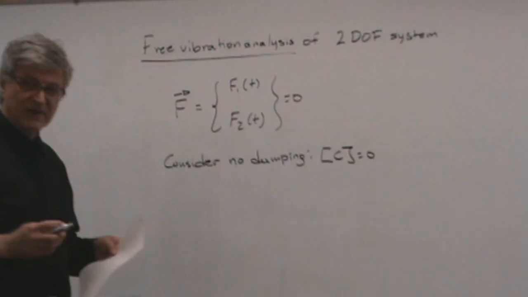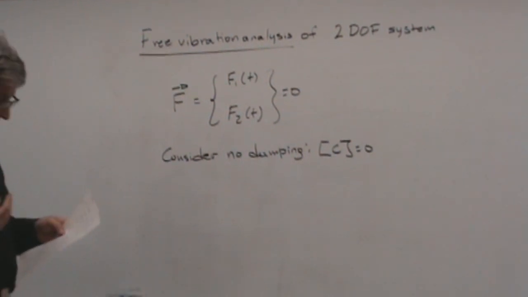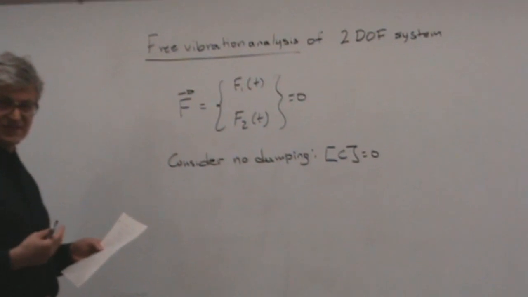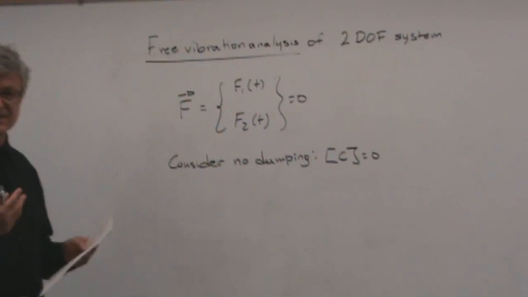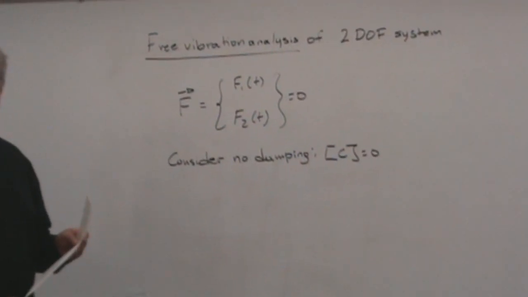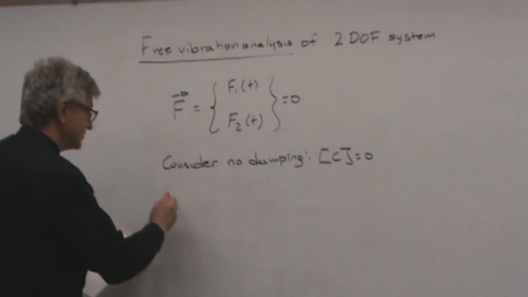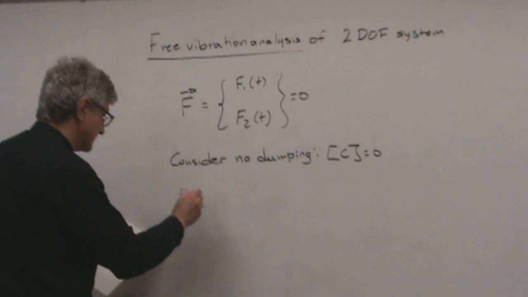Okay, so the equation of motion contains only the inertia terms, mass times the acceleration, and the stiffness terms, which is the stiffness matrix times the displacement. So the equation of motion that we'll solve is this.